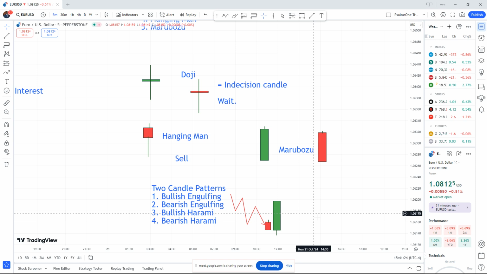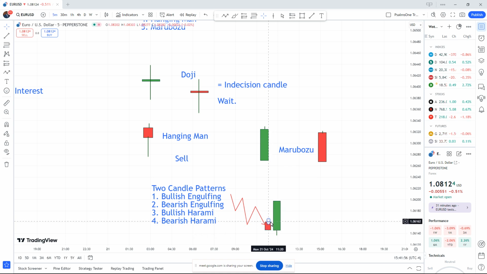So this is for the Marubozu candle, and all the candle patterns I've listed here are each one signal, one candle that is named. But we have some that are two candles that make a name, two candle patterns.